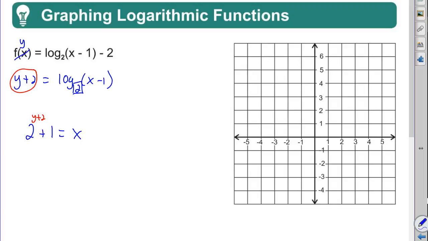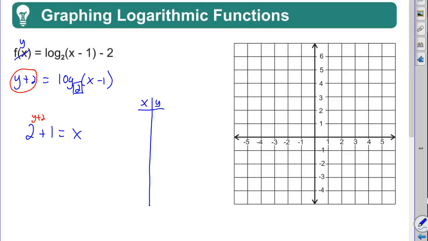Okay, anything can be graphed using an xy chart. Whoa, that's a funny y. So let's graph this with an xy chart. But remember, because a logarithm is the inverse of an exponential, let's choose values of y and find the x. So much easier than choosing values for x and solving for y.